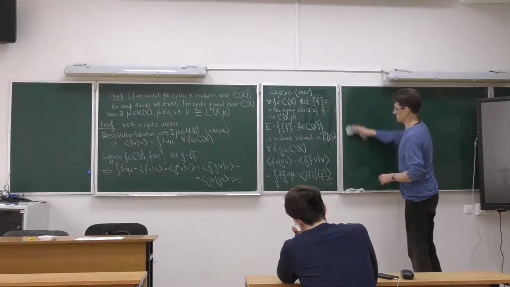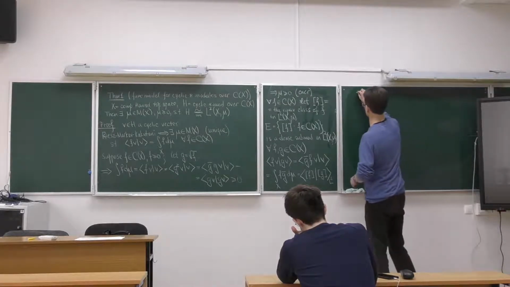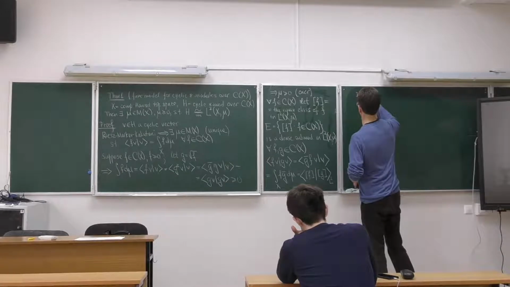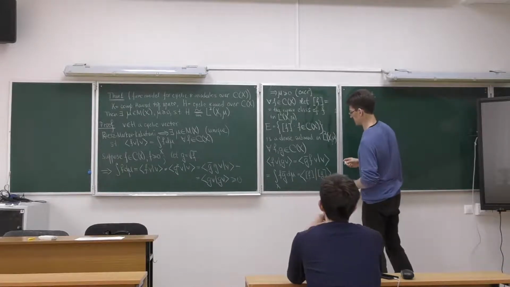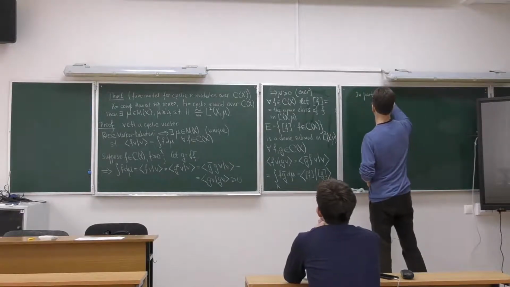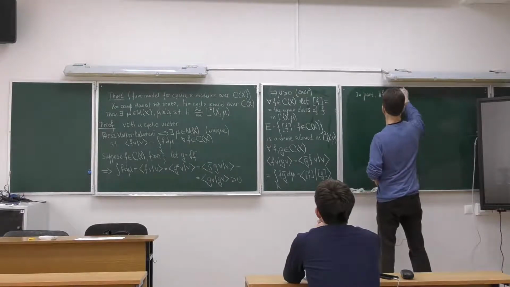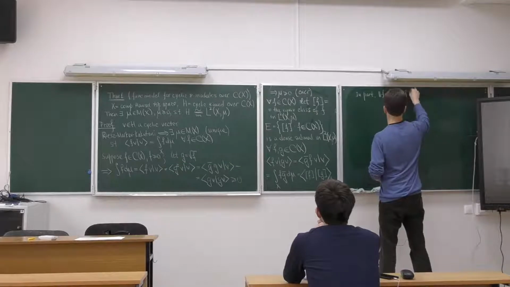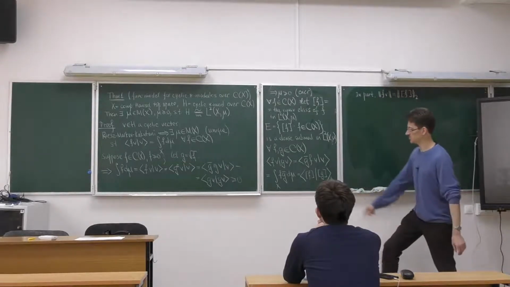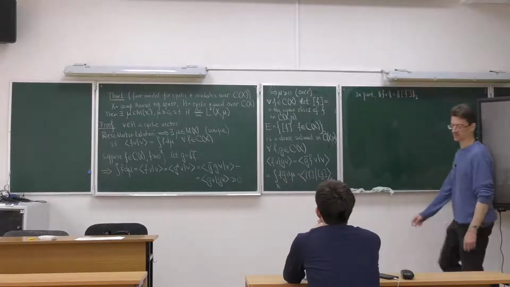In particular, this calculation shows that the norm of fV is equal to the L2 norm of f. We just substitute g equals f here and take the square root.